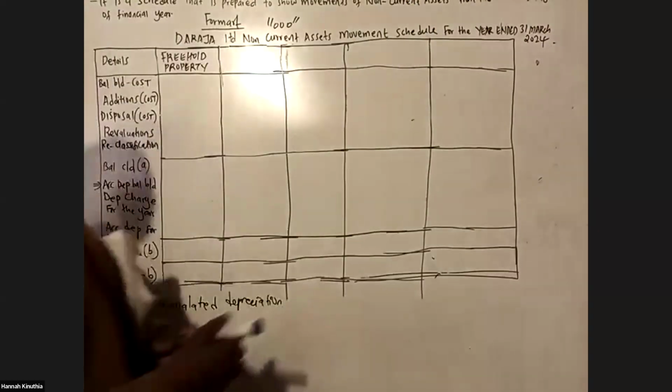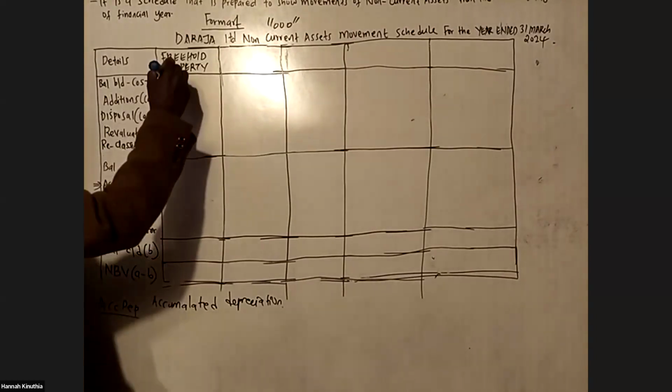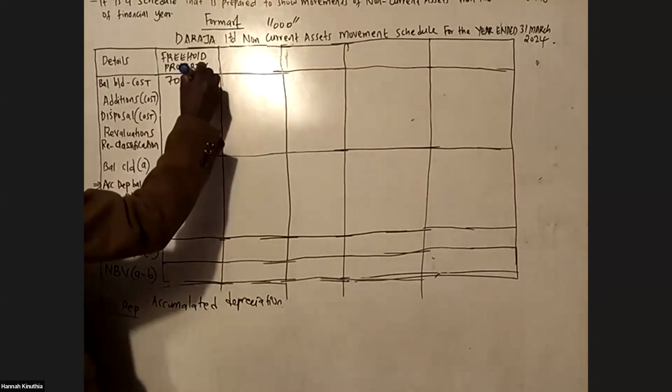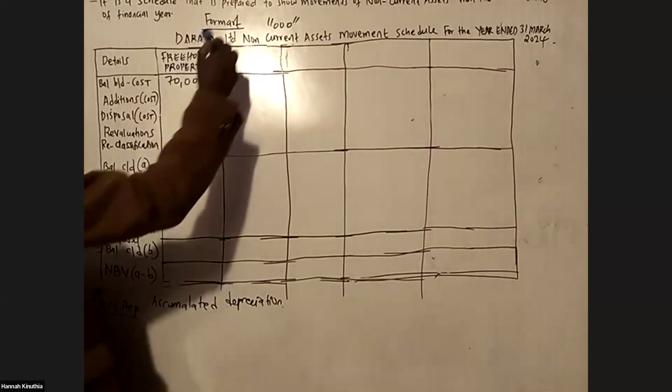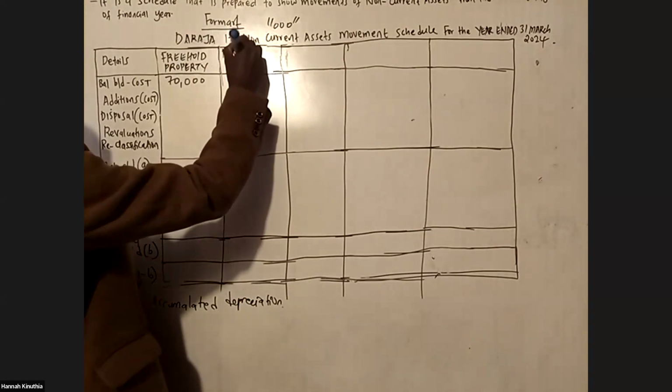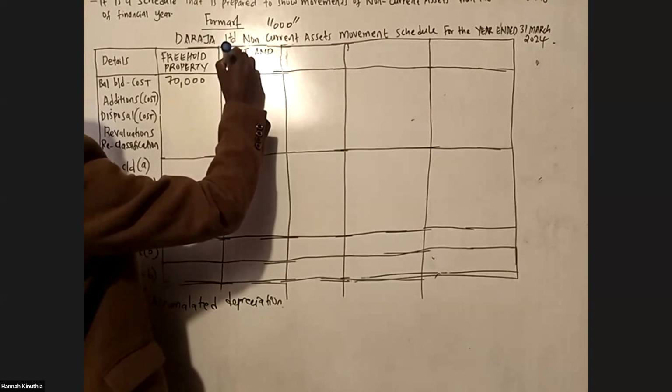So what is the cost of the freehold? The balance brought down is the cost, which from the question is 70,000. Can you see the 70,000? We put it in form of cost, as I said. Next we have plant and machinery.